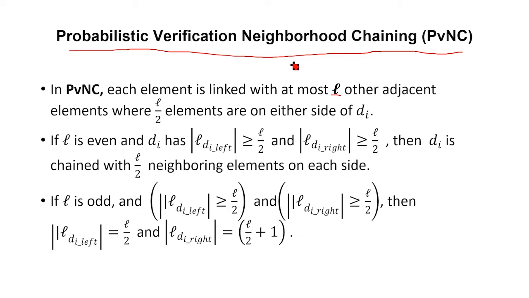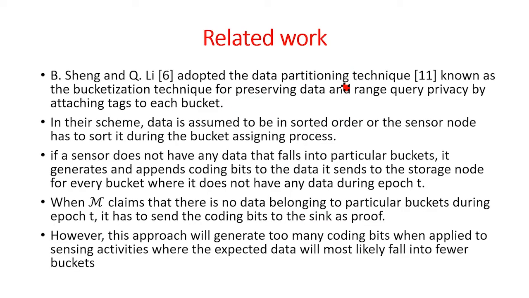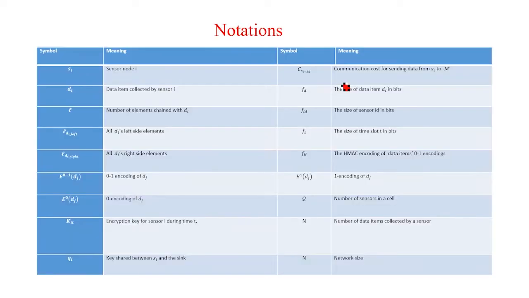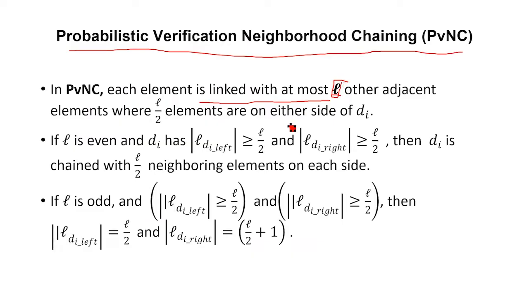So we are looking at our PvNC model, and in our PvNC model, each element is linked with L elements. Those L elements are split, with L over 2 on both sides. So if we choose 4 elements, 2 elements must be on the left and the other 2 elements on the right of data element D1.